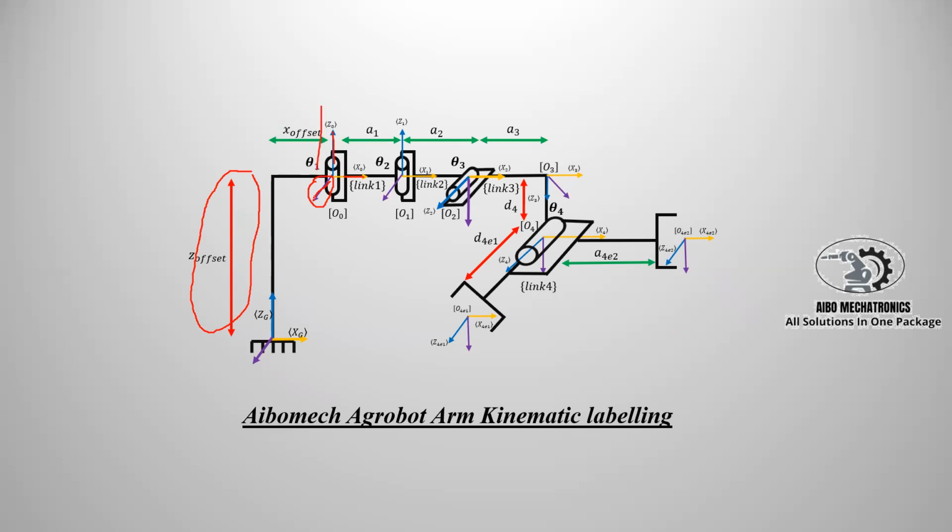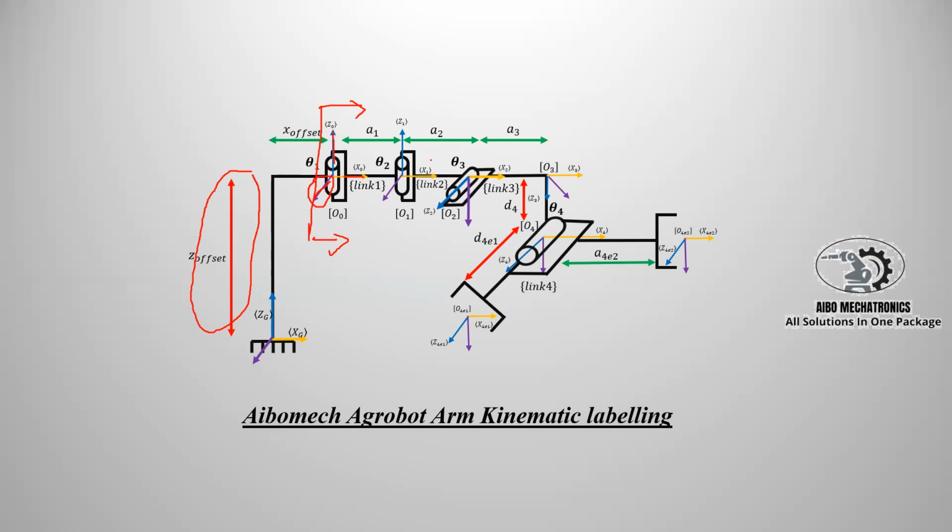I start from here, going on to this first one, and then I label the axes Z1, Z2, Z3, Z4. As you can see, the Z axis is in the direction of the revolute joint.